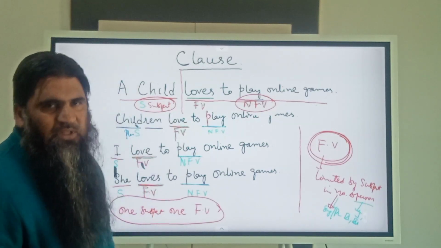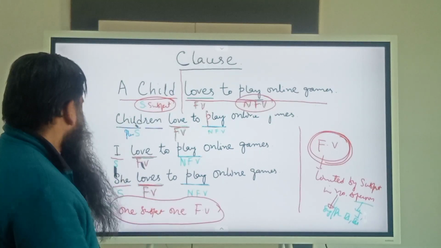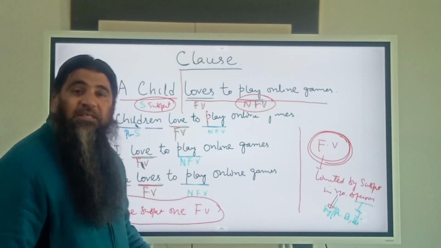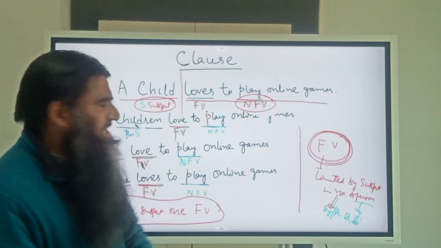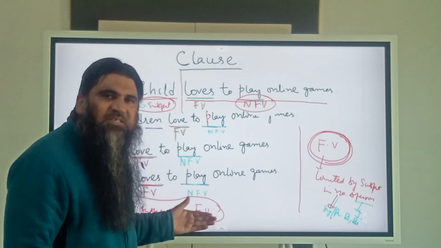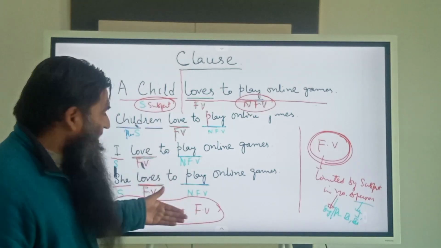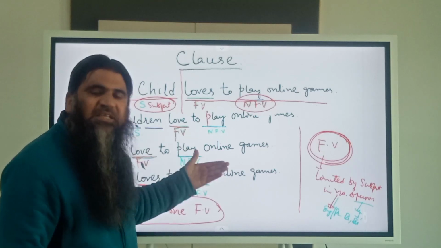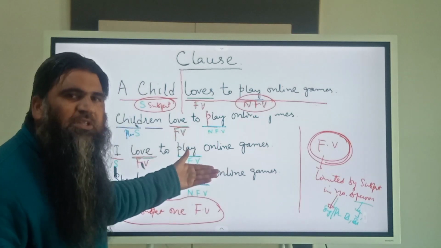So now another definition of clause. It is that a clause is a sentence or a part of a sentence. Here these are all sentences. I can give you an example where we have only a part of a sentence as a clause, which I have already given you in part 2.